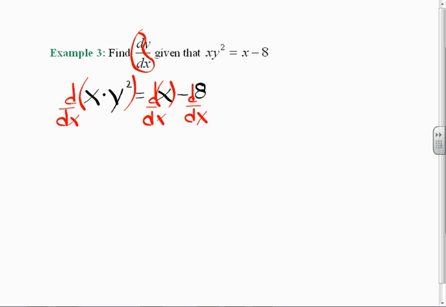So I have to use, as somebody said, the product rule. So it's x times the derivative of the second one. Chain rule times the derivative of the inside function. That's the hard part right there.